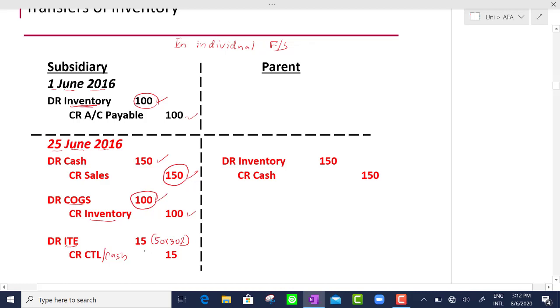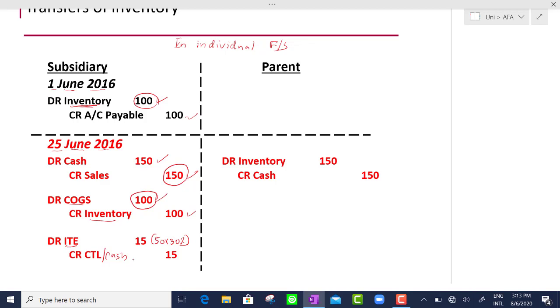This is also correct. Since there was a profit in this sales transaction, additional tax must be paid on the profit. So the subsidiary company recognizes an income tax expense of 50 into 30%, 15. Until it is paid it is a liability, current tax liability credit 15. Now this is how this transaction is recorded in the subsidiary's books of accounts.